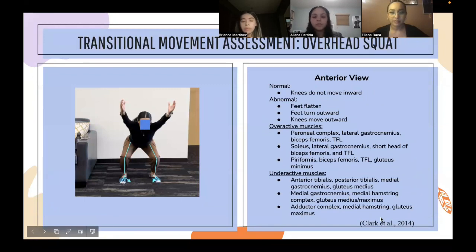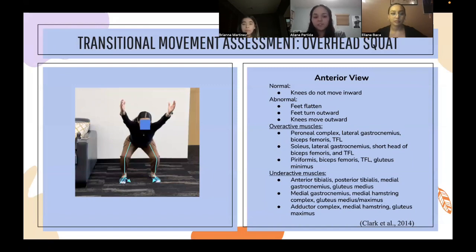Okay, so here for the anterior view, you can see that something that's normal is the knees do not move inward, but as for the abnormalities, the feet do flatten, the feet turn outwards, and the knees move outwards as well. So the feet flattening is caused by the overactive muscles which are listed. And as a whole, these deal more with plantar flexion, knee flexion, hip internal rotation.